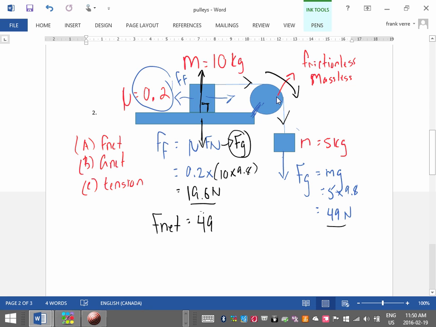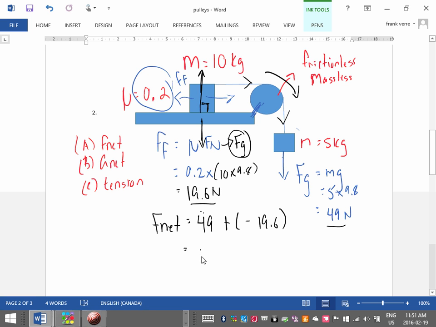Friction can't turn the pulley, but if it could, it would try to turn it which way? Counterclockwise. So we'll make that force negative. So what's our net force? Exactly the same as the other one, wasn't it? Not just a coincidence in this case.